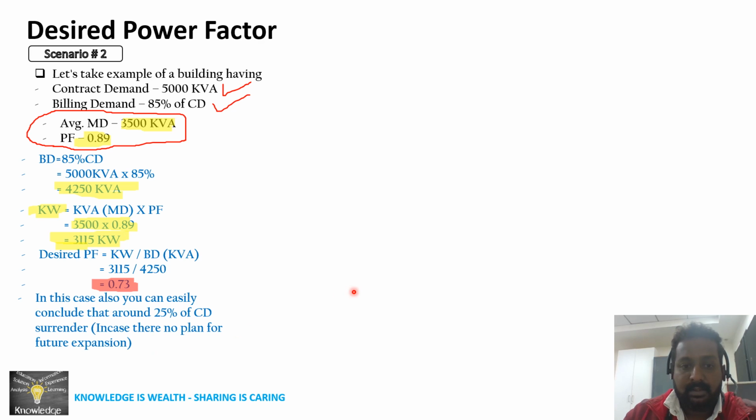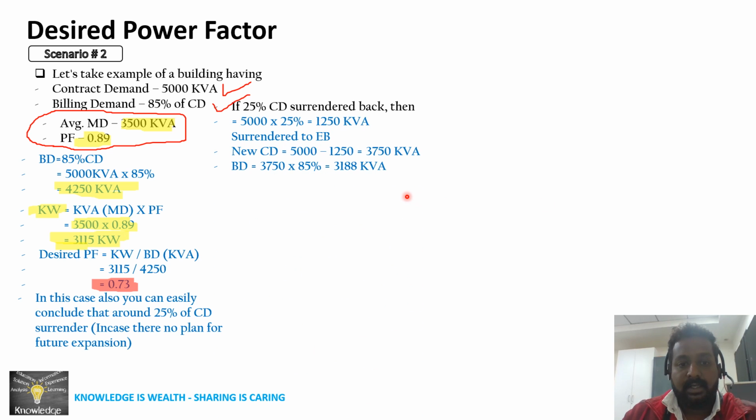Okay, so again let's go to further calculation. What if we surrender 25% of our contract demand in this building? If we surrender 25%, 25% of 5000 is 1250 kVA that we surrender back to EB.